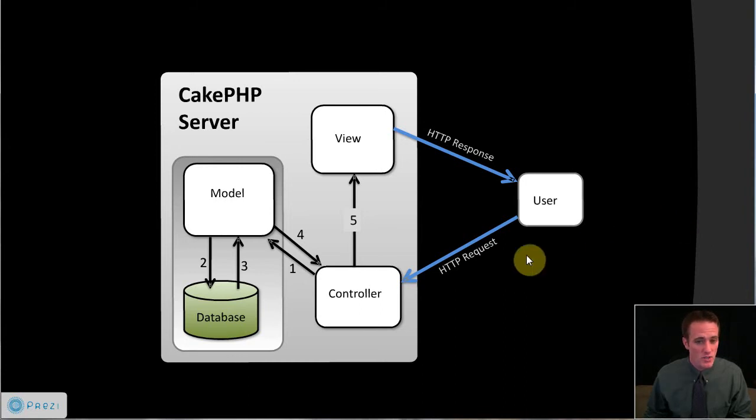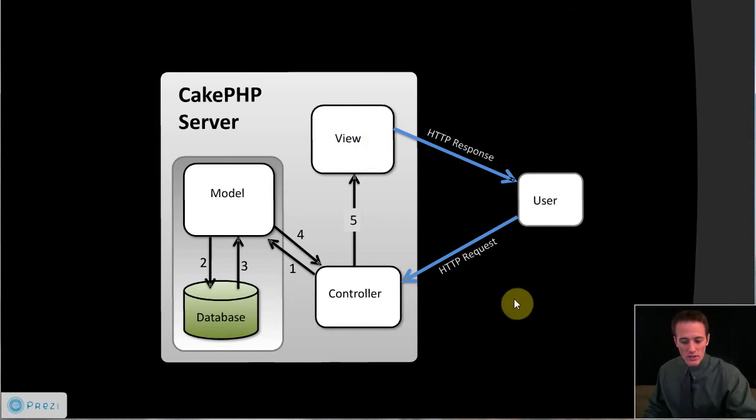So when that request comes into the controller, it will make a call to the model, and it's sort of treated like a black box. From the controller standpoint, he doesn't care about the database. The model will make the call to and from the database to get that data and return it to the controller, who will finally hand it off to the view to be ultimately returned to the user.